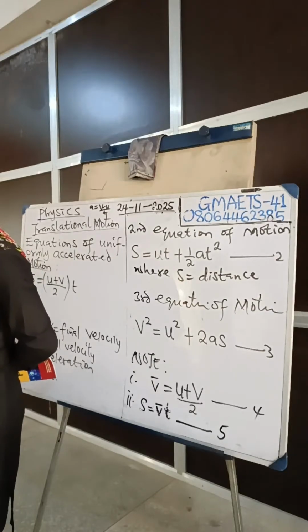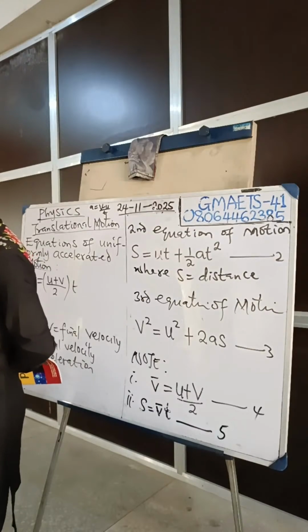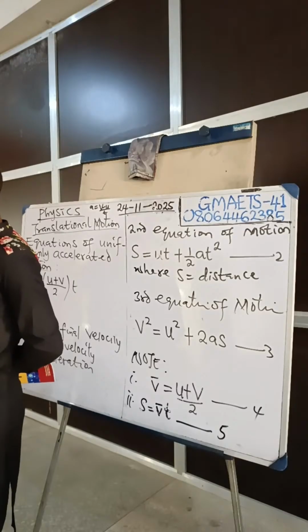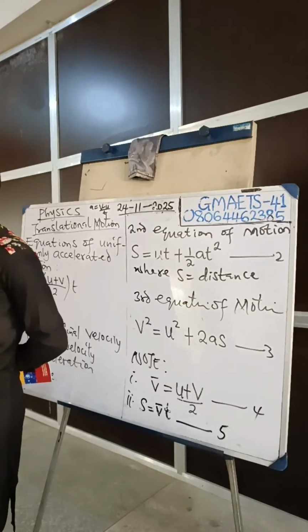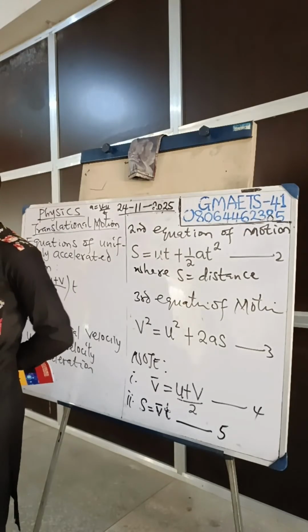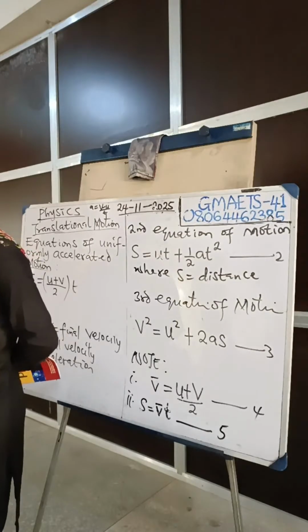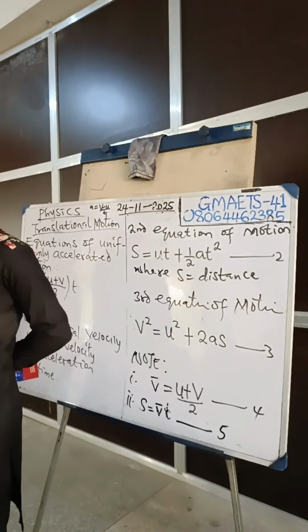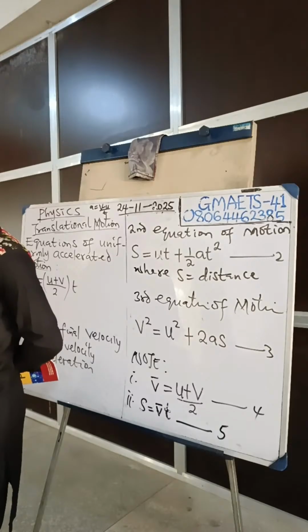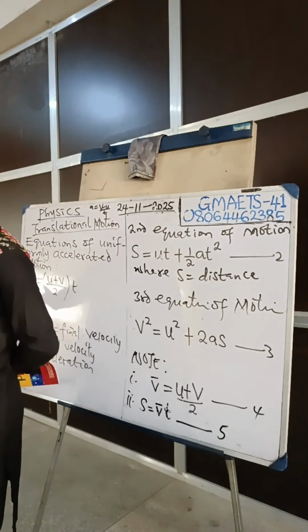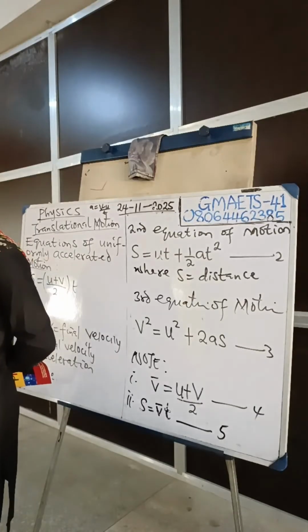You shouldn't be making me angry. You know I like you so much and I want the best for you. In fact, I want you to be the image of GMAETS for the one special science college. You are the only person I can think of being the image, not these ones. These ones will soon leave. They are approaching their exam. Almost all of them are taking their professional exams. Is that not so? Don't do all these things. Go and sit down. And besides, you've just messed up your fingers.